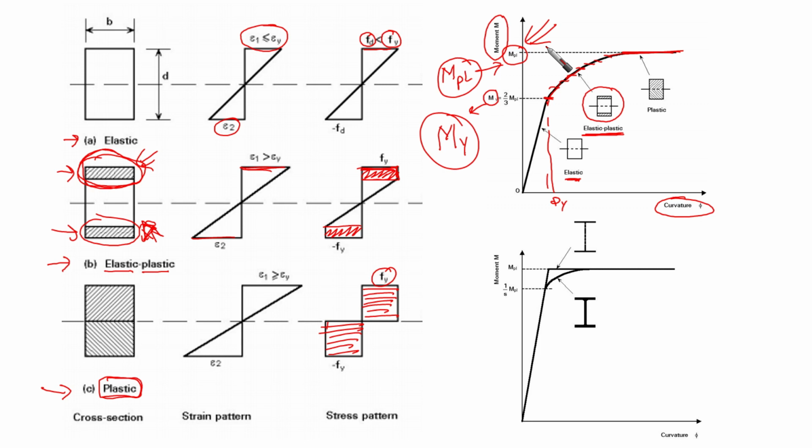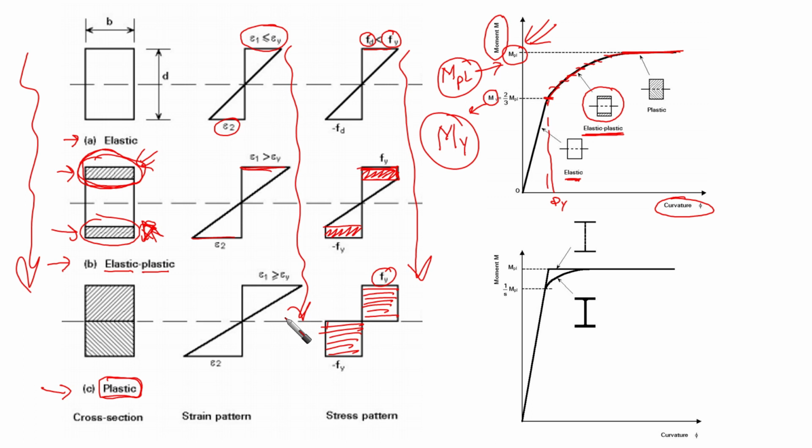These stages are very important for us to understand. Whenever you look at the stress pattern or the strain pattern, you find that the cross-section in the elastic range utilizes the whole elastic behavior of the section.